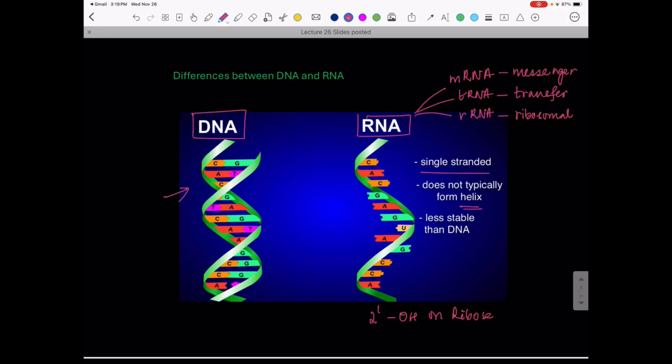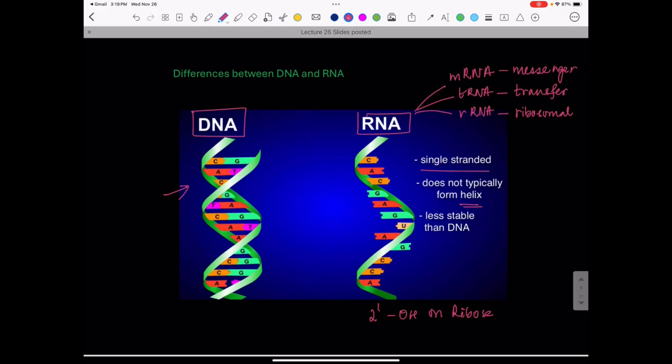There are also a lot of enzymes called nucleases present, the RNases to be specific, that will hydrolyze RNA much more rapidly in the cells. So RNAs are different from DNA mainly because the role of mRNA, tRNA and rRNA is much more temporary compared to the DNA, which is used as a storage of the genetic material that needs to be passed on from one generation to the next generation in an intact manner.